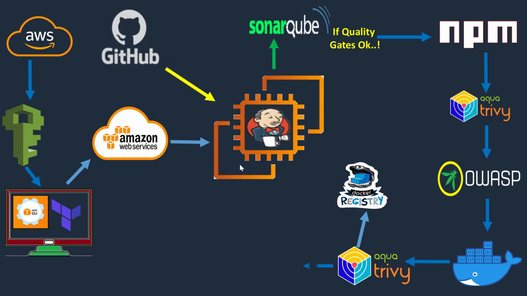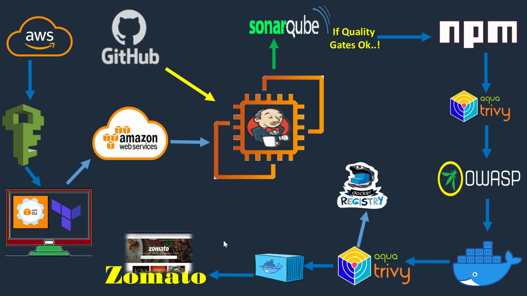Then we are going to create our custom image, with our Node.js application code inside this container. This is our custom container. In this container, we are going to execute the Zomato application, the cloned Zomato application.